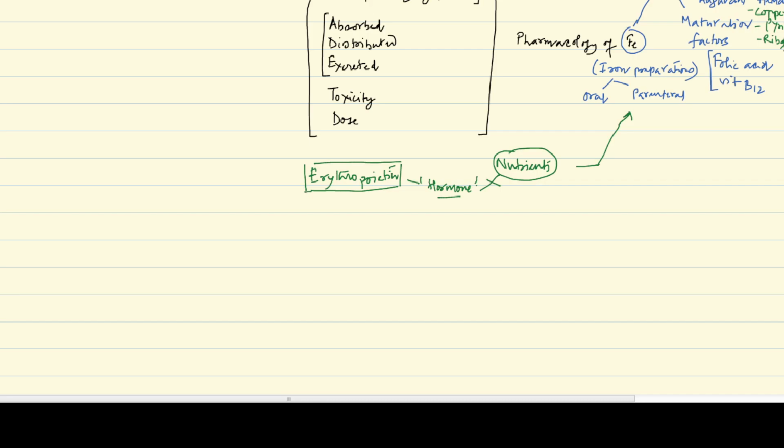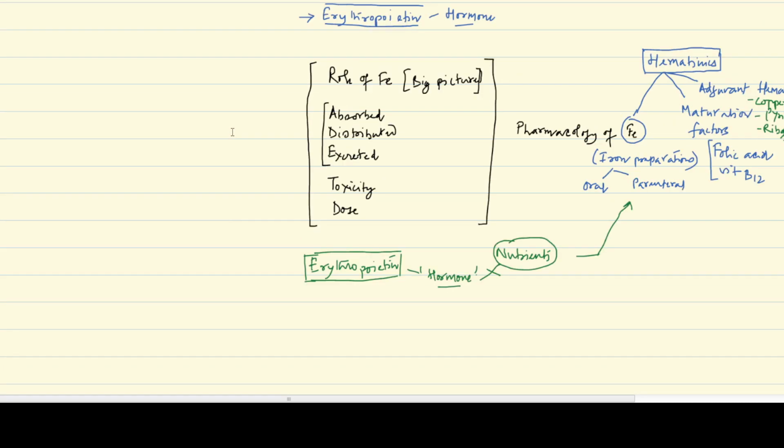But for the sake of completion of our discussion, we would also include a brief overview of erythropoietin and its newer analogs. Okay? But bear in mind when we say hematinics, we are referring to iron preparations, the maturation factors, and adjuvant hematinics.